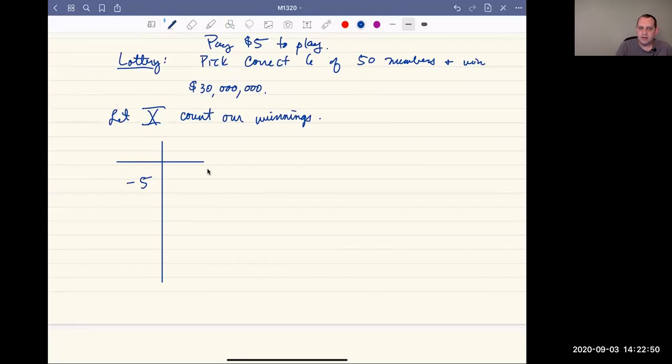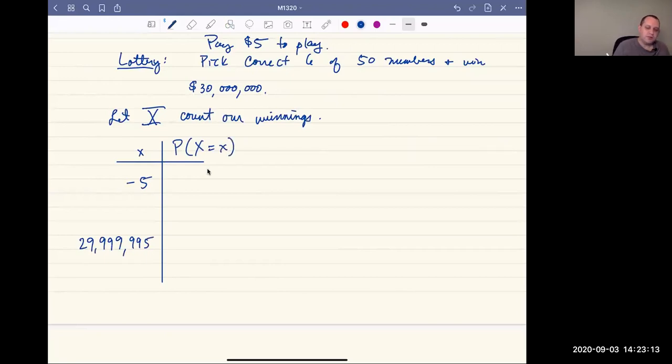The second option is that we win $30 million minus the $5 that we had to pay to play, so actually it's a net profit of $29,999,995.